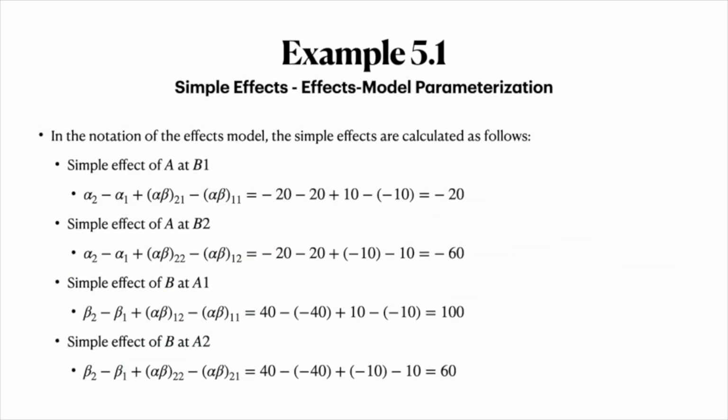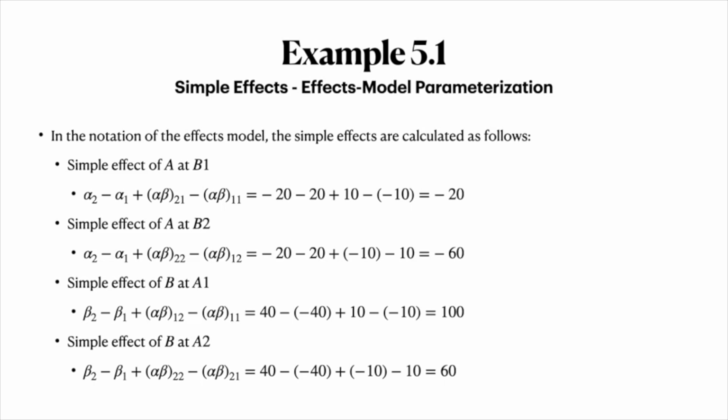Now, in the notation of the effects model, the simple effects can be calculated in the following way. So the simple effect of A at the first level of B can be calculated using the formula shown here. And if we plug those values in, and remember that those values were given to us in the overview or the description of the example, we get negative 20.